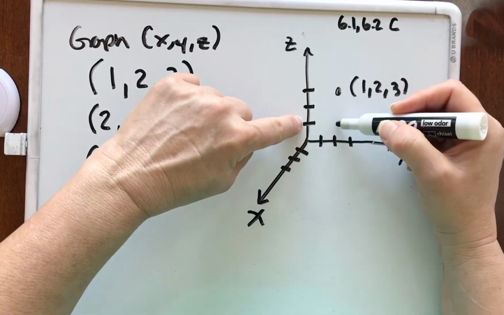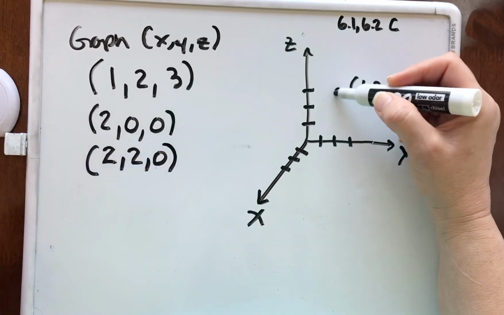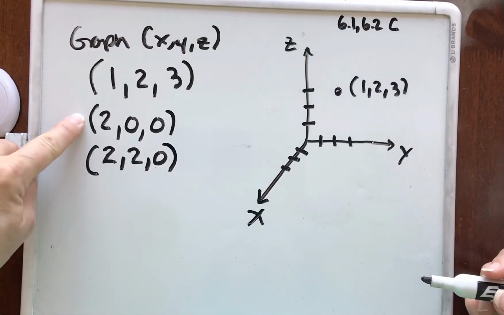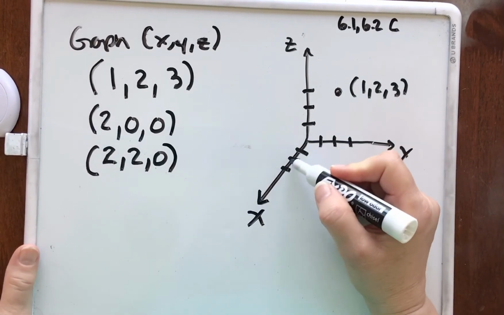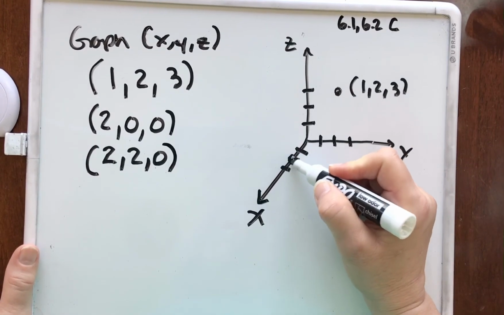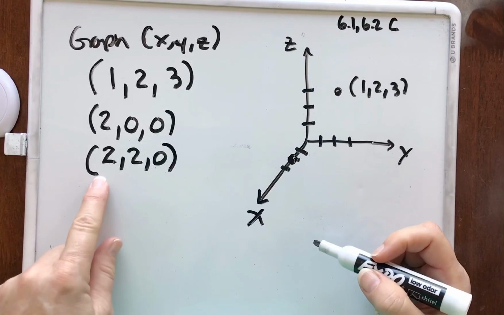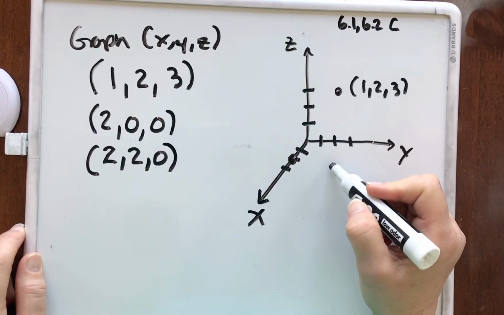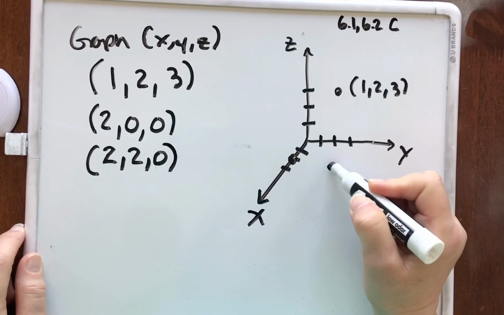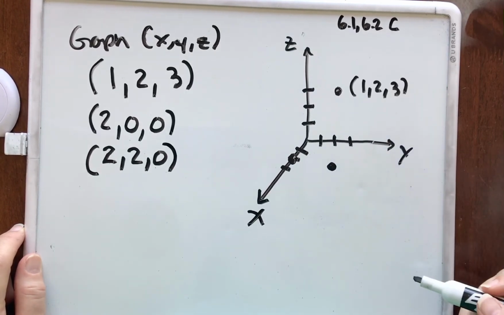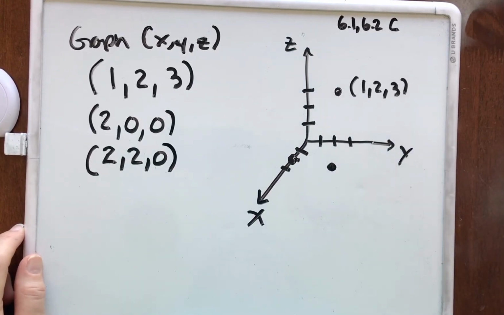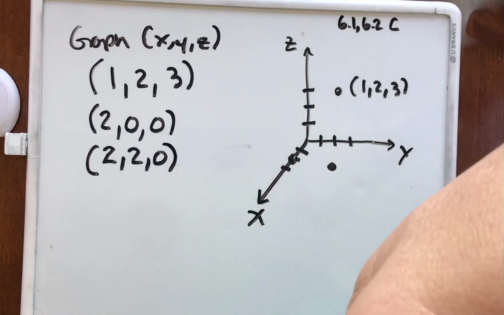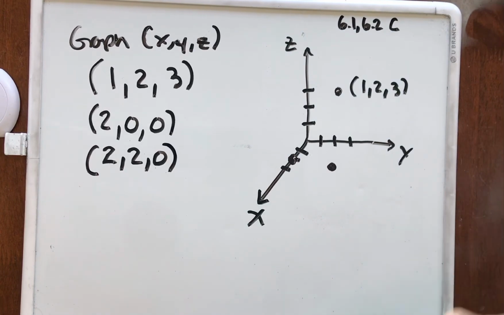And so then we go 1, 2, 3, and it puts it right there. Okay? Now let's do 2, 0, 0. We move 2 and we don't go anywhere. How about 2, 2, 0? We go 2 and we move 2 and we don't go anywhere. All right, very good. Now, we're going to go on to 6.2 now, which deals with three-dimensional shapes.